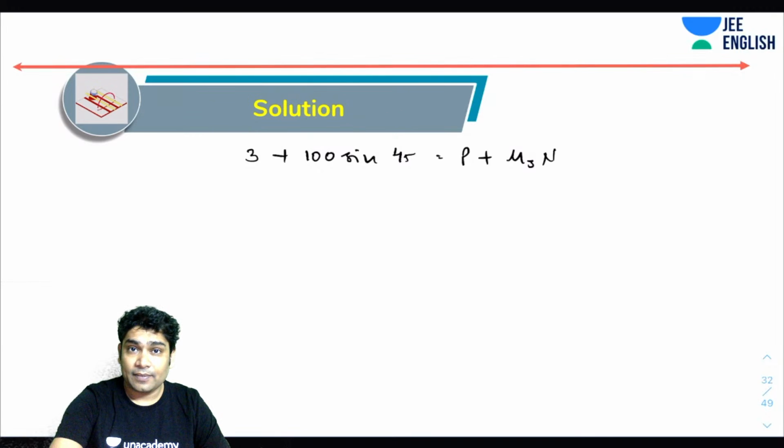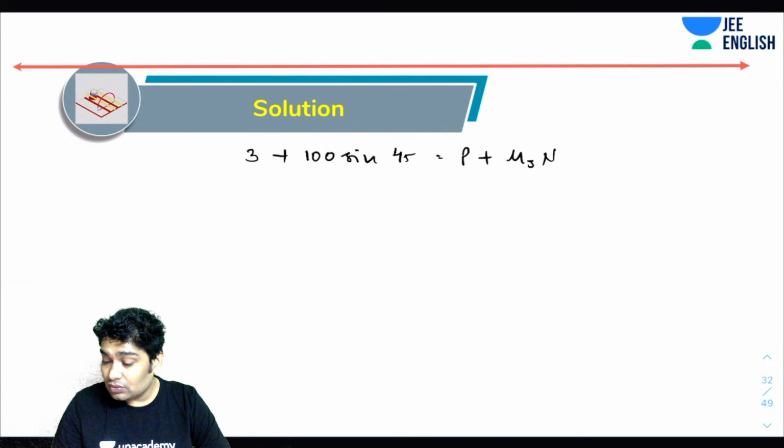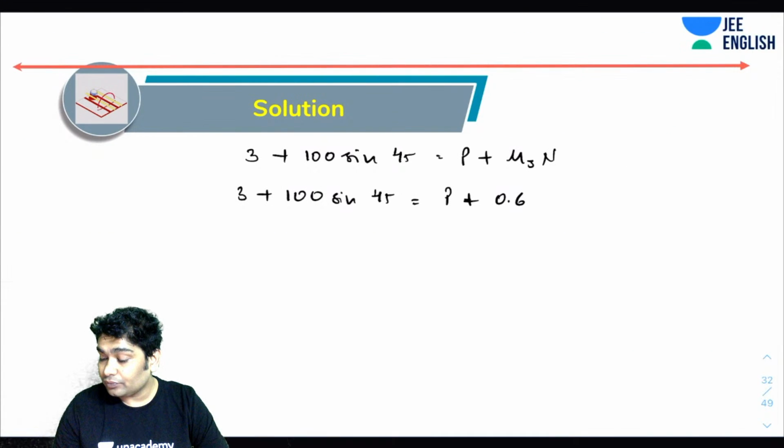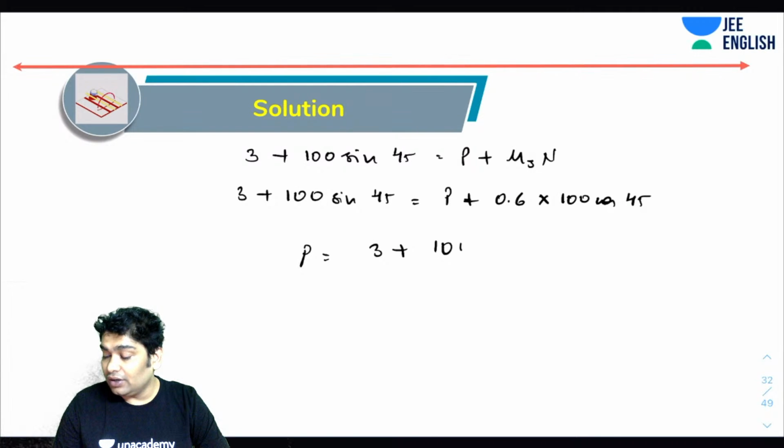P plus 100 sin 45 equals P plus, what was mu s? Mu s was 0.6. Times 100 cos 45. And that will give you P equals P plus 100 by root 2 into 0.4, which is 40 by root 2.